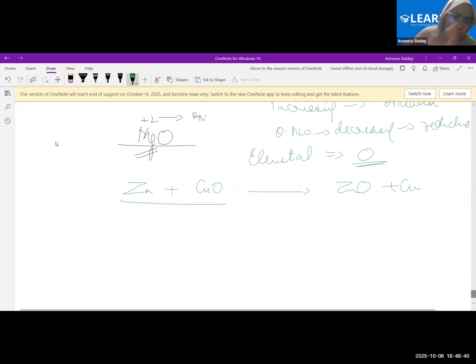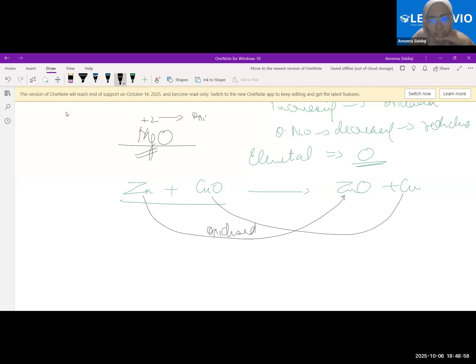Zinc being more reactive can displace copper here. Now, zinc is also getting oxidized. Copper oxide is getting reduced. So this is one way of saying that it is undergoing oxidation and reduction.